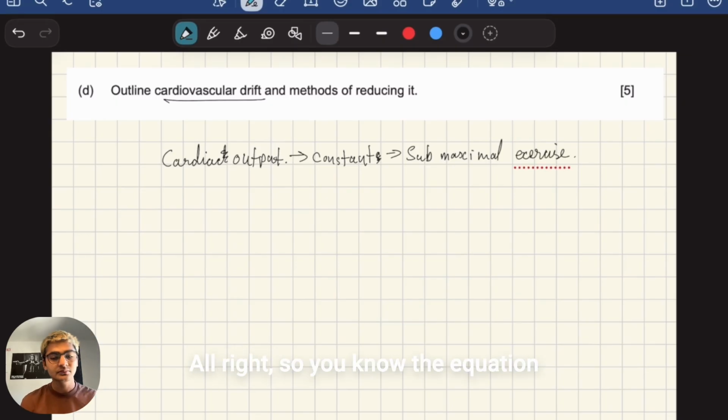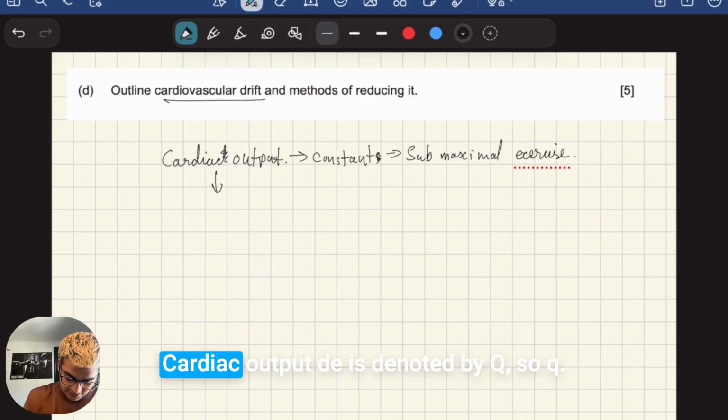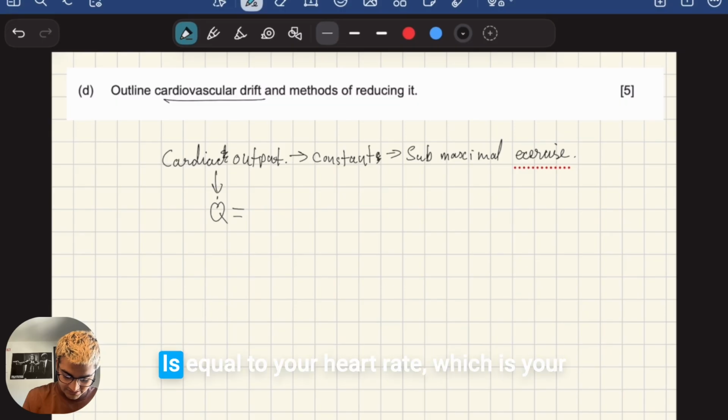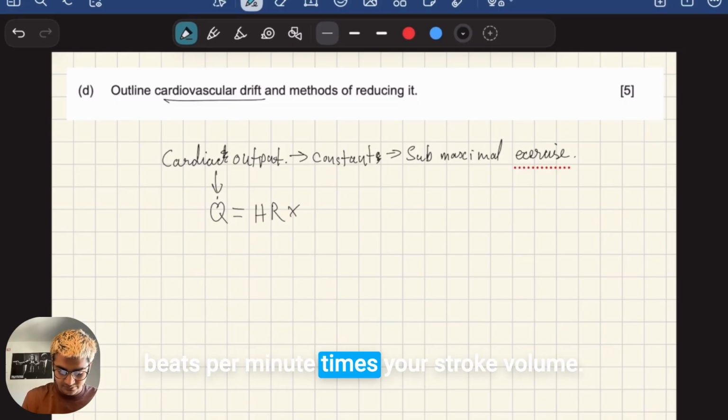All right, so you know the equation to solve for cardiac output. Cardiac output is denoted by Q. So Q is equal to your heart rate, which is your beats per minute, times your stroke volume.